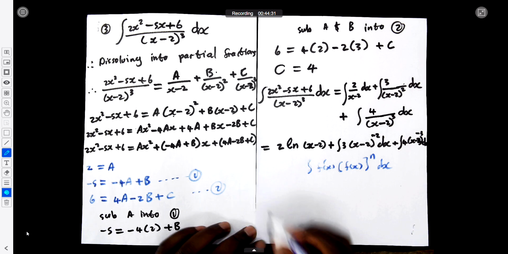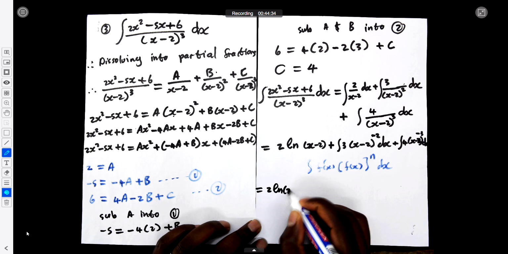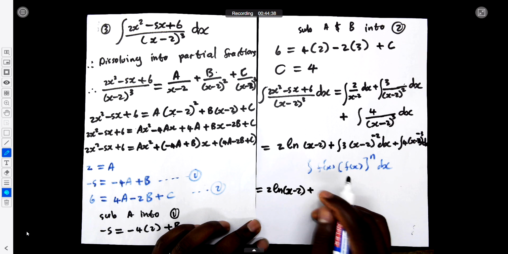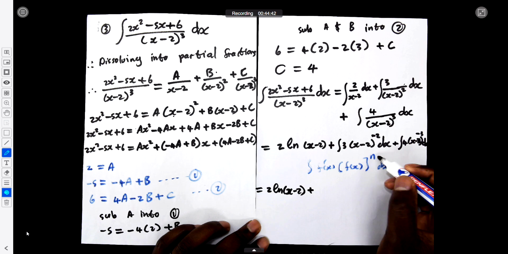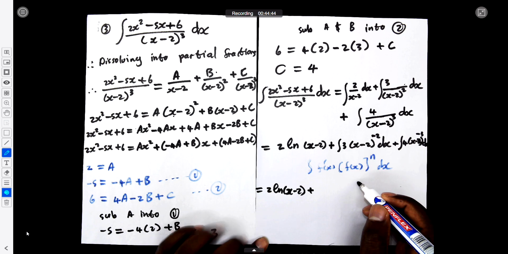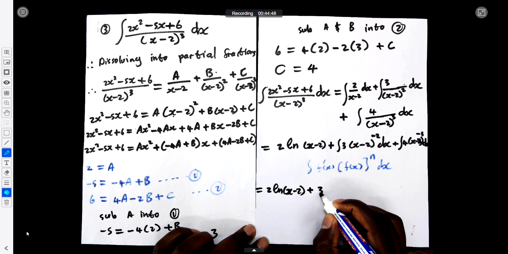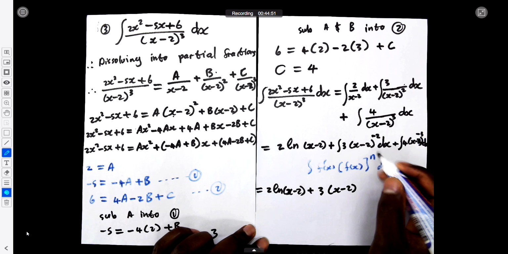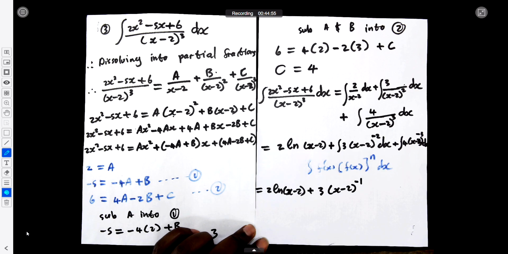So with this one, we still have our 2 ln of x minus 2. Therefore, plus, according to the chain rule, when we integrate we add 1 and divide by that exponent where we have added 1. So our constant doesn't run away, it's 3. We add 1, so minus 2 plus 1 is negative 1, isn't it?